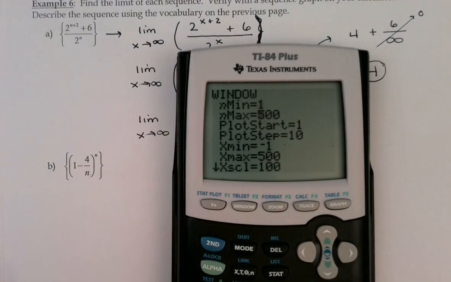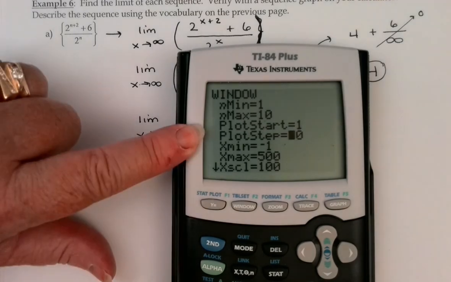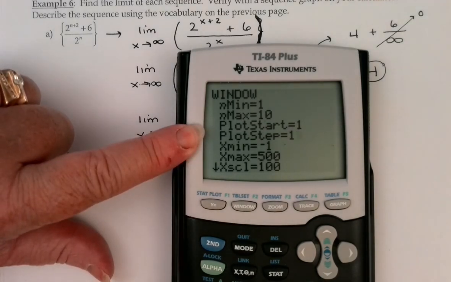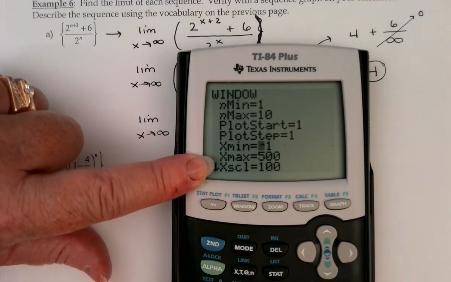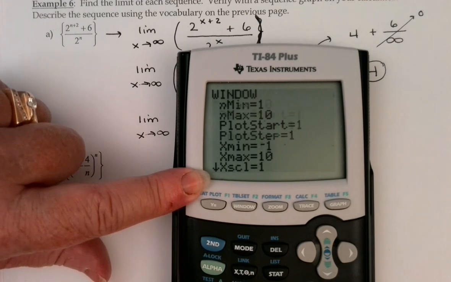So I'm going to go 1 to 10 for the x's. And the x's and the n's are really the same thing. We'll start at 1 and we'll step by ones. So we're going to go 1, 2, 3, 4, 5, and so on. -1 to 10 for the x's with a scale of 1.